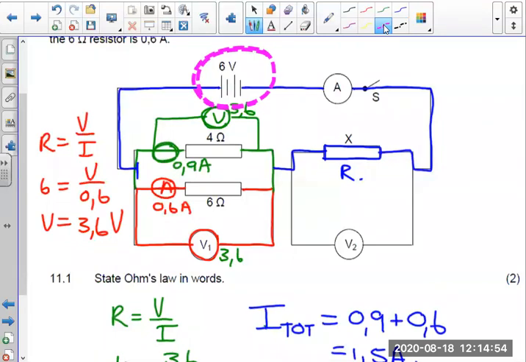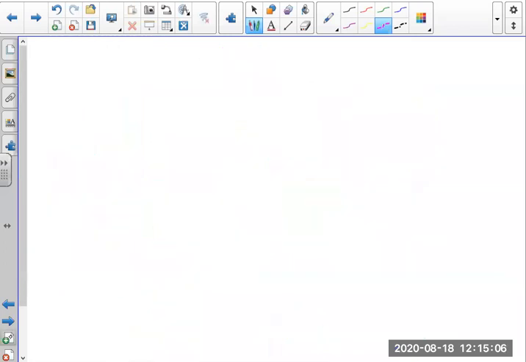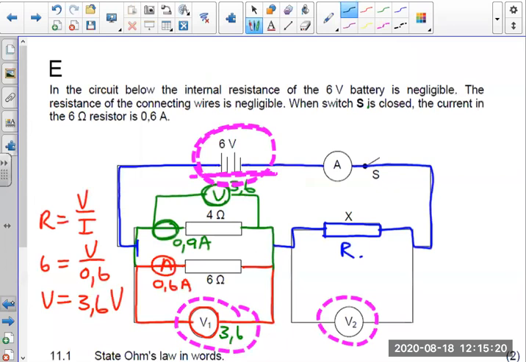So it means the voltage over parallel plus the voltage over series will give me the total voltage there. So when I start this sum, I'm going to start it by writing it as follows. I'm going to say V total equals the voltage in parallel plus the voltage in series. Total voltage, as you can see, there is 6.